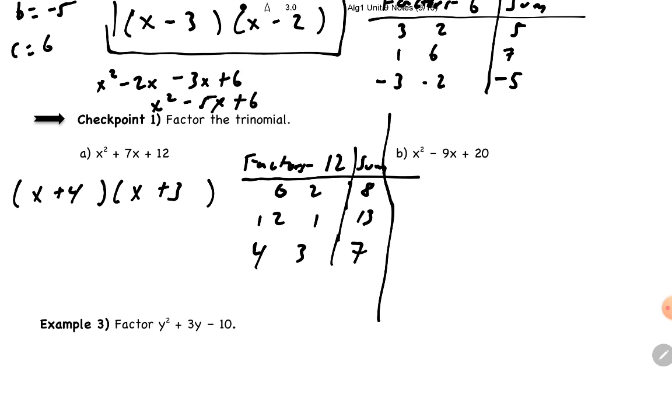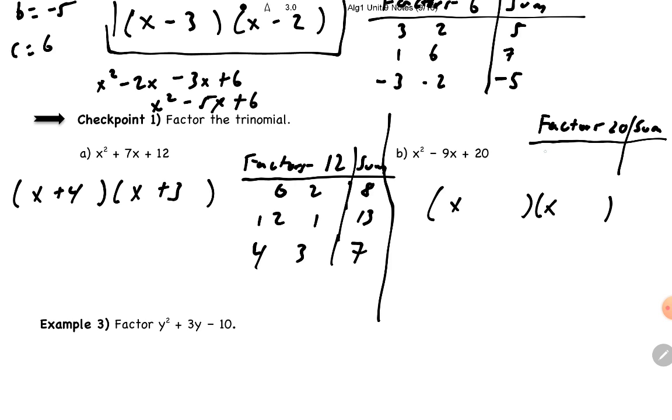All right. Same thing. x, x, factors of 20, and the sum. We have a negative number, so probably our two values are also negative.